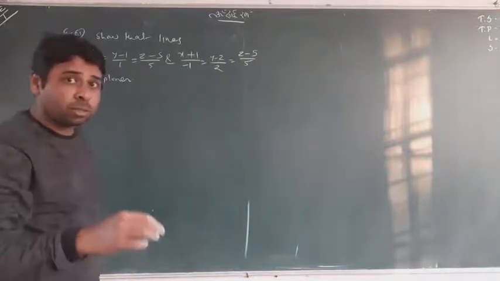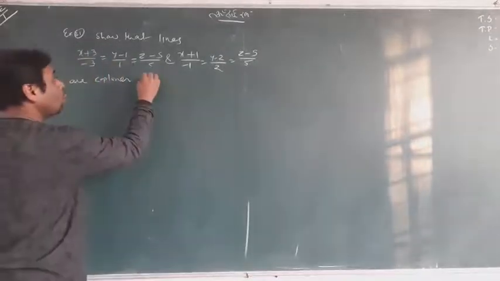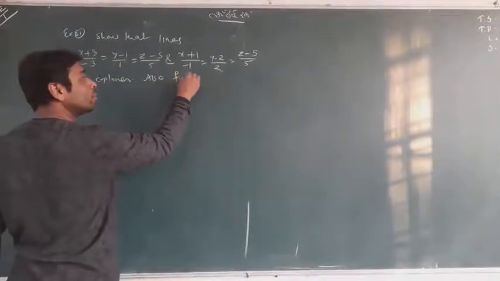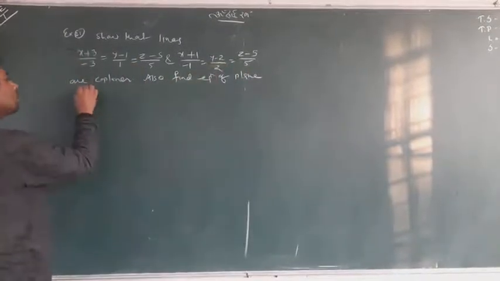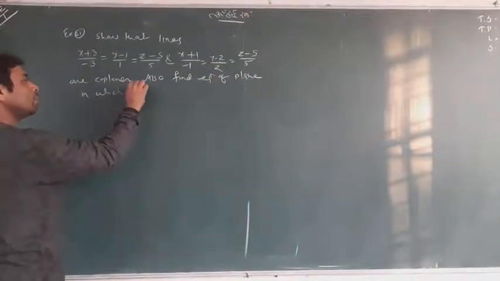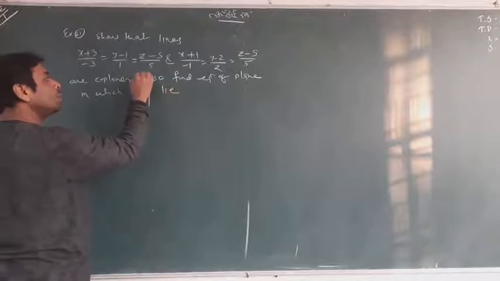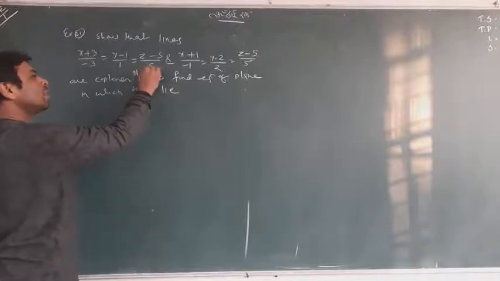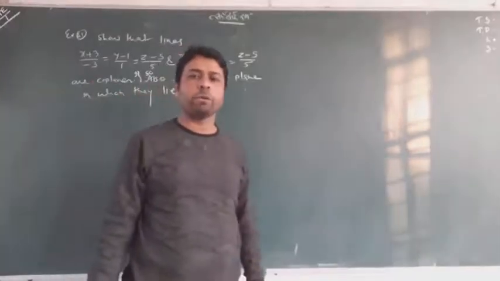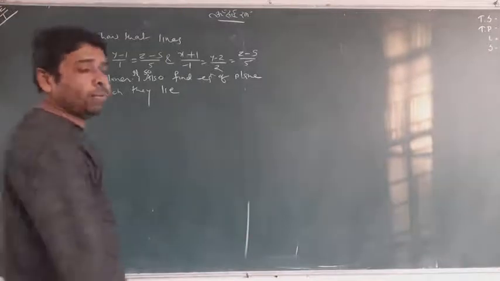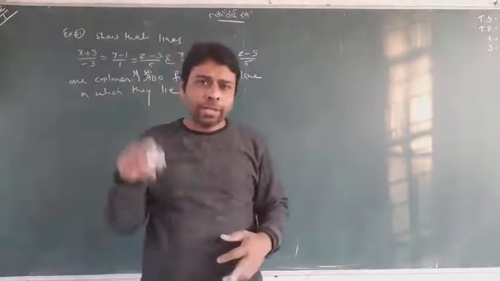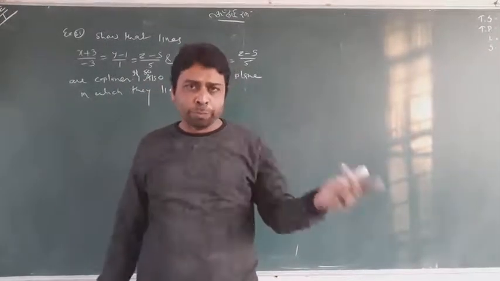I add one question from my side: also find the equation of the plane in which they lie. It means if lines are intersecting, we can find the equation of the plane in which they lie.